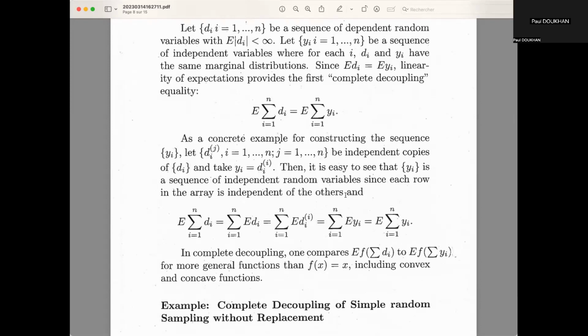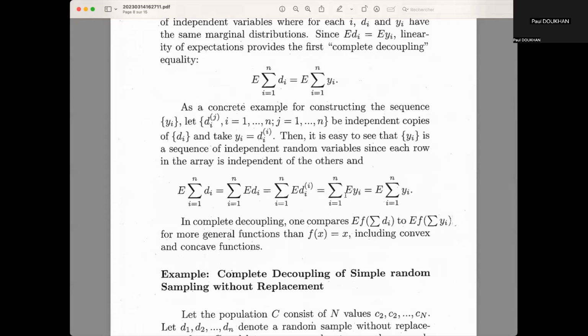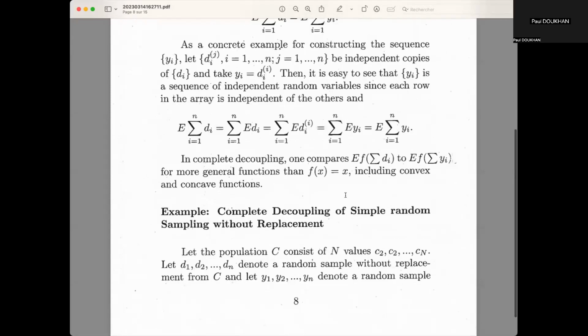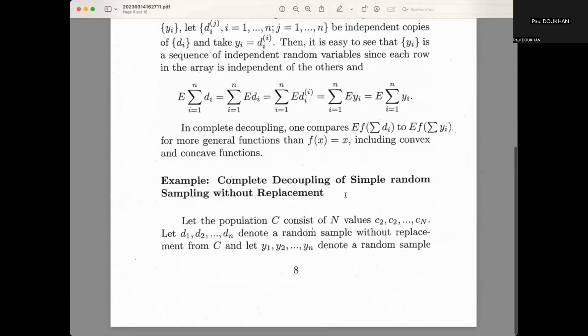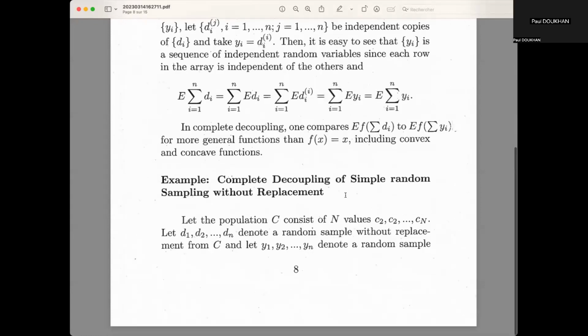So now I'm going to talk about complete decoupling. That is to say, you are going to replace the variables by completely independent variables. Again, everything is related to linearity of expectations. This is easy to see, so I'm not going to spend that much time. Just to say how to construct the independent variables that become the upper bound, the ones that appear on the right-hand side there.